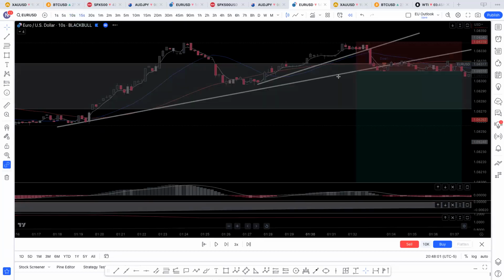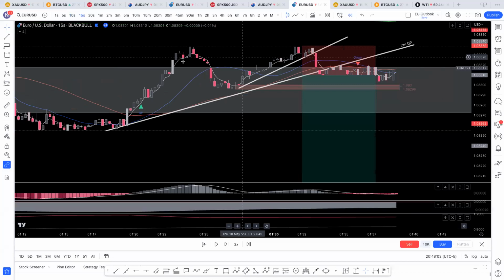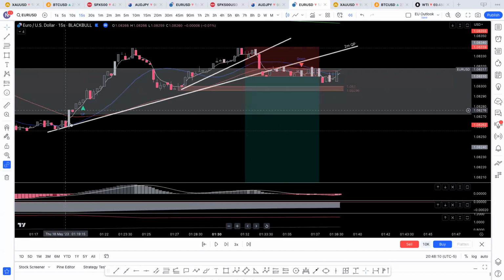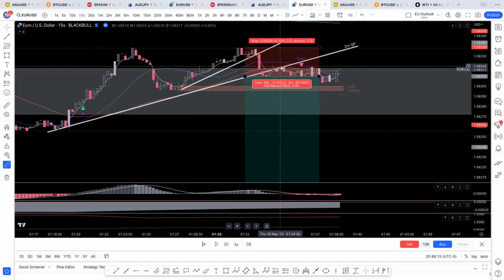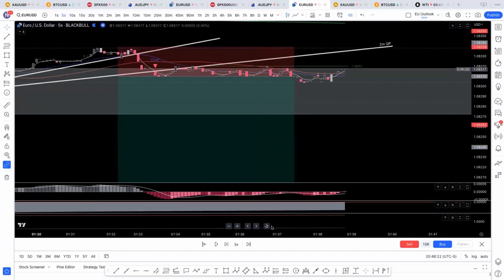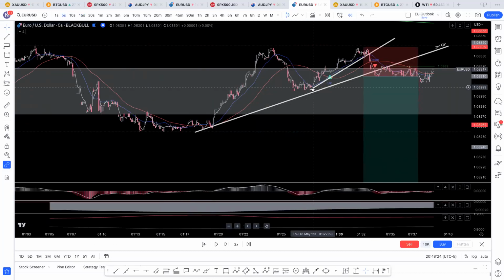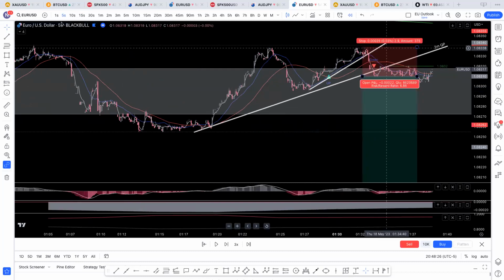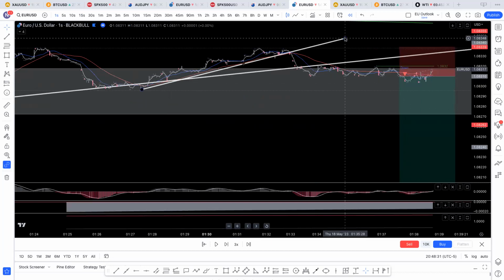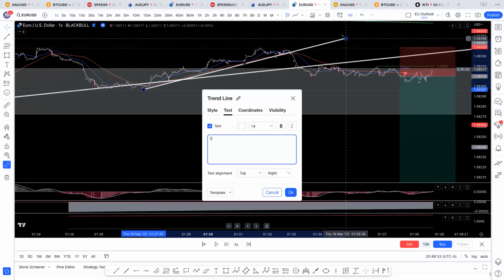So 15-second pullback. Okay, actually this is my 15-minute main triangle time frame. So this right here. Okay, here we go, 5-second time frame and 1-second time frame. All right, that's it right there.